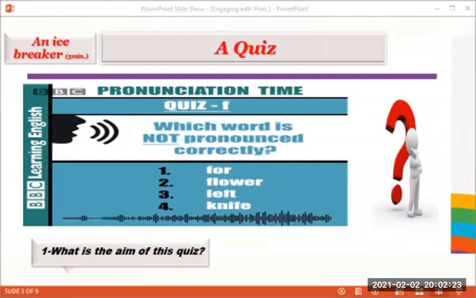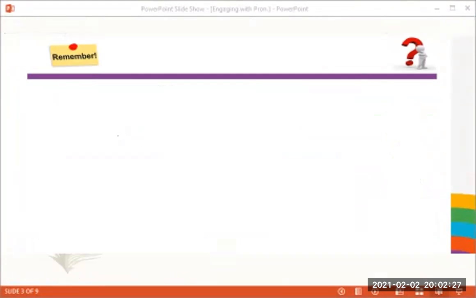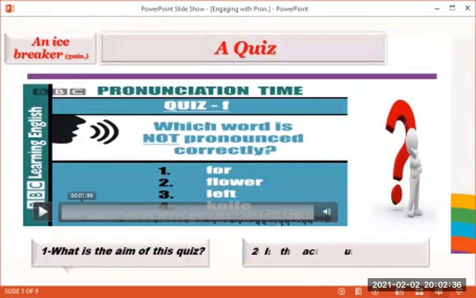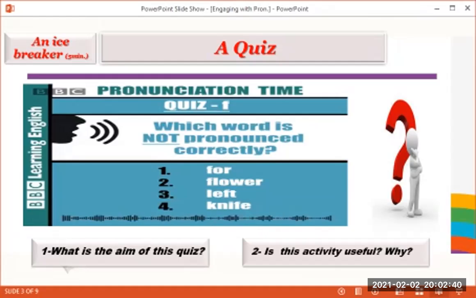What is the aim of this quiz? Listen to me pronouncing these words. Which word is not pronounced correctly? 1.